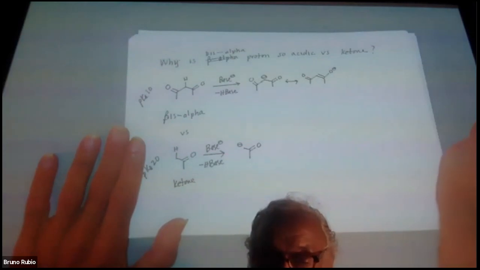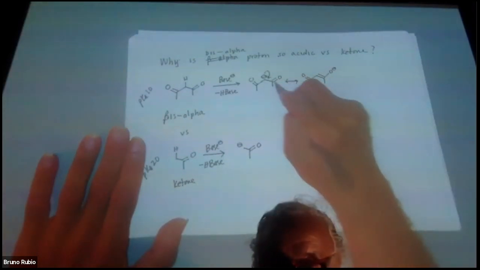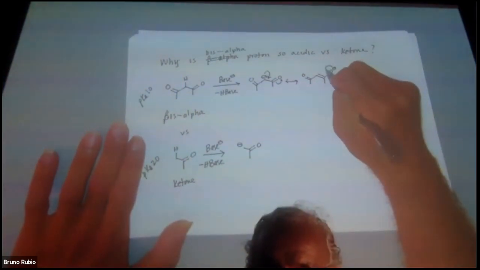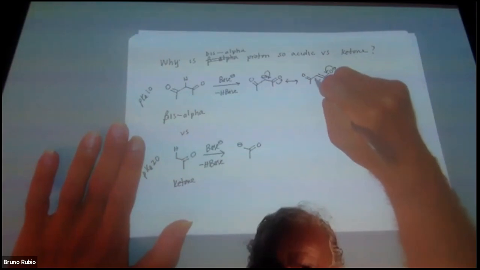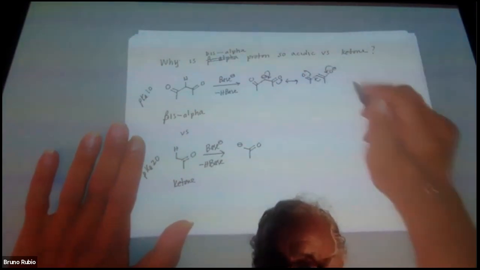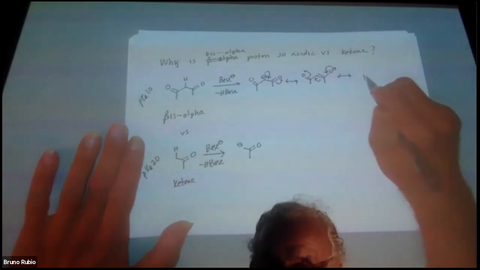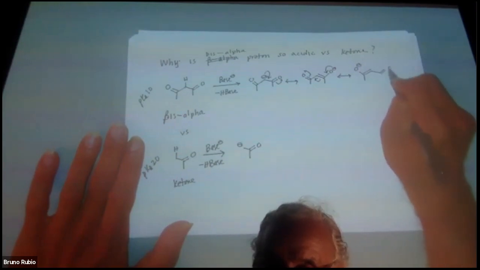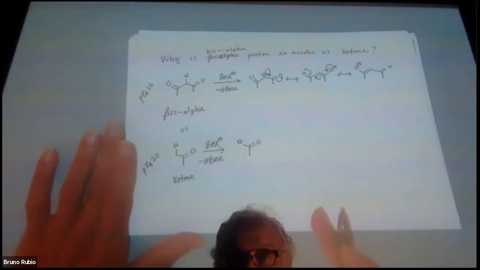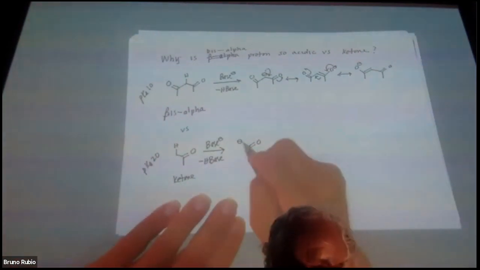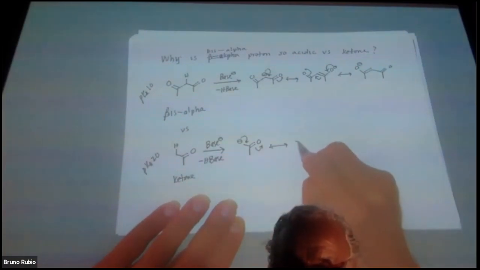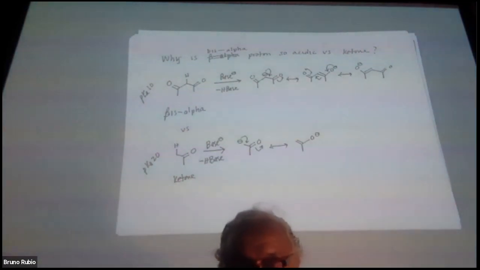So there's one resonance structure where I've taken this negative charge, moved it here, and kicked out that double bond. And then I can have another resonance structure where I'm restoring these double bonds and kicking out this double bond. And so I get 3 resonance structures for this conjugate base, versus down here where I can only write 1 resonance structure, which looks like that.